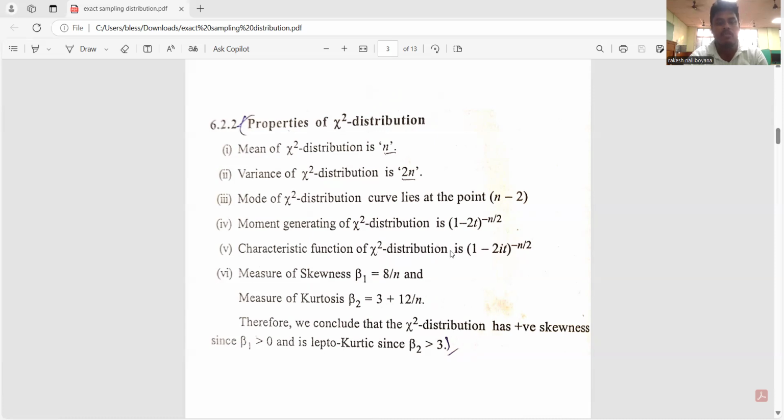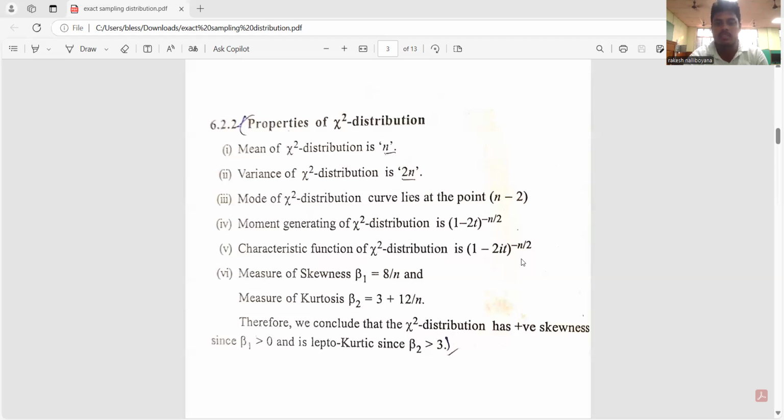The chi-square distribution also has skewness and kurtosis. Skewness is represented by beta 1, and for chi-square it is 8 by n. Kurtosis is represented by beta 2, which equals 3 plus 12 by n.